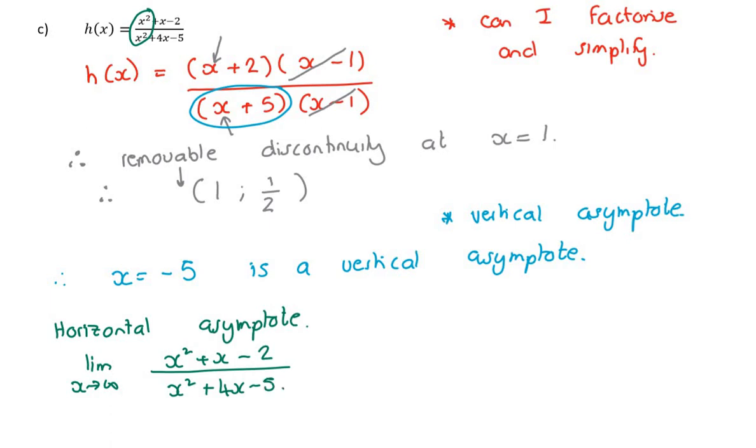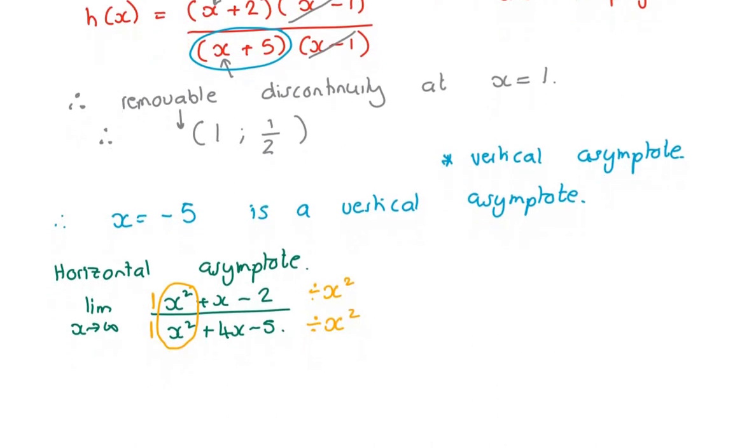Well, I can pretty much see this answer because if these are the same degree, the limit basically just becomes a ratio of their coefficients, which in this case is 1. But if we want to explain why quickly, because that's a bit of a shortcut pattern type method, basically you divide the top and the bottom by the highest exponent of x.